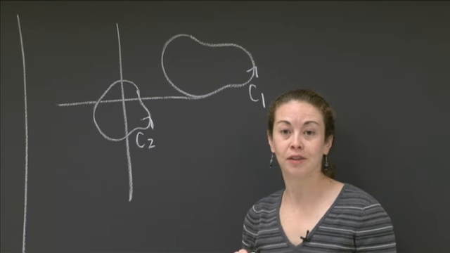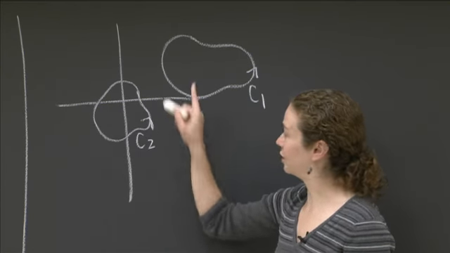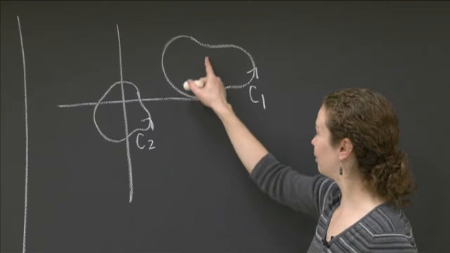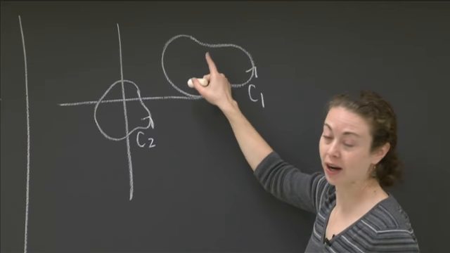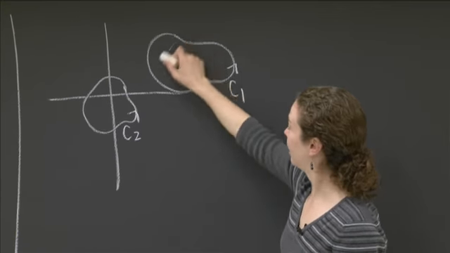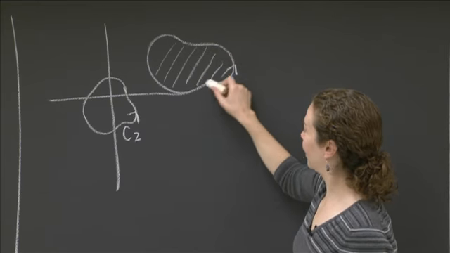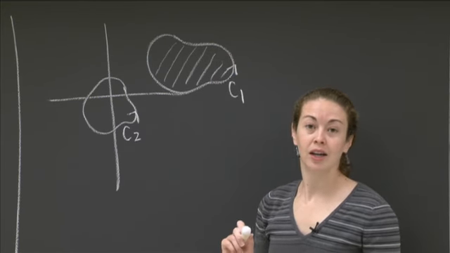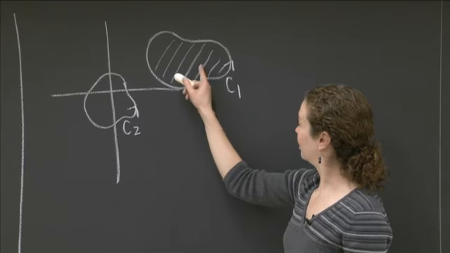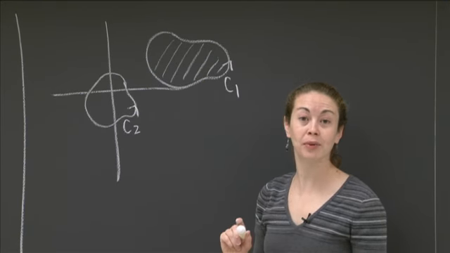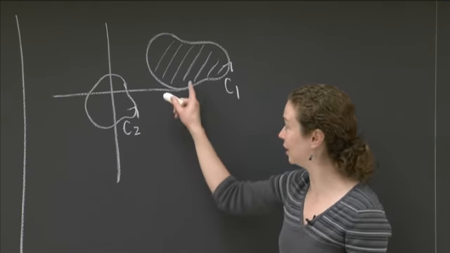Fundamentally, there's a difference between this curve and this curve, because this curve contains the region where f is defined and differentiable. Every point on the interior of this curve, f is defined and differentiable, and therefore I can apply regular old Green's theorem here.